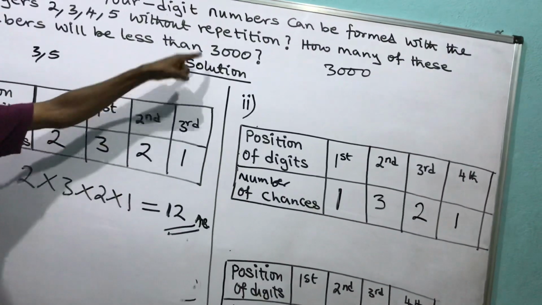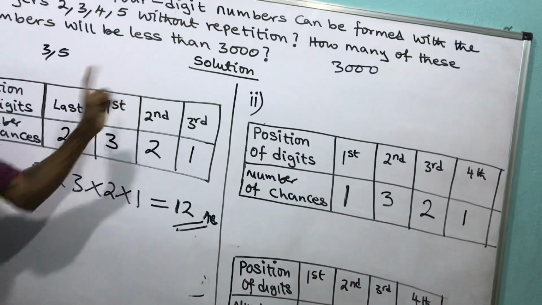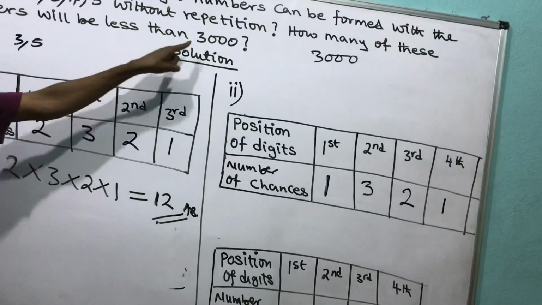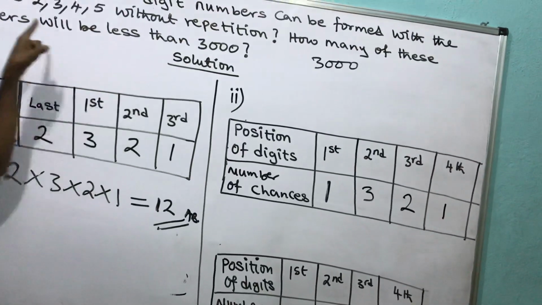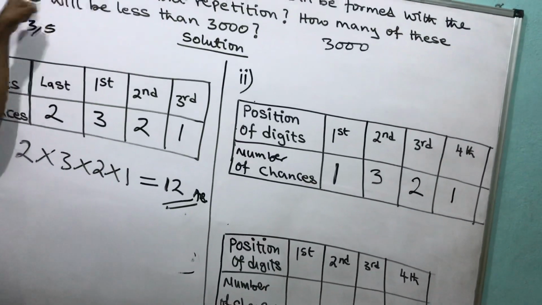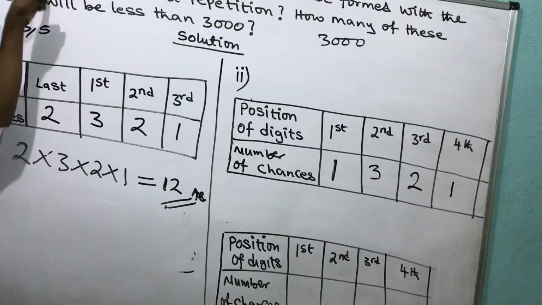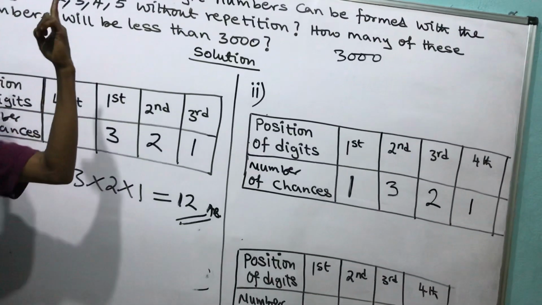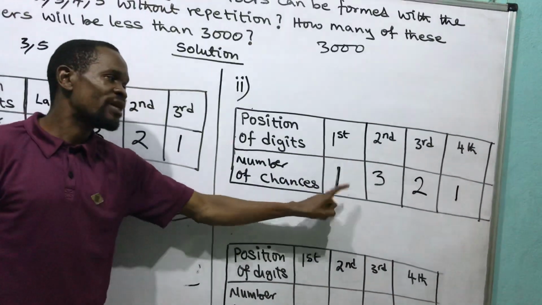The first digit must be less than 3. If the first digit is less than 3, the other digits don't concern me. Among the digits they give me, only 2 is less than 3, and it can be chosen in one way. That's why I write 1 here.